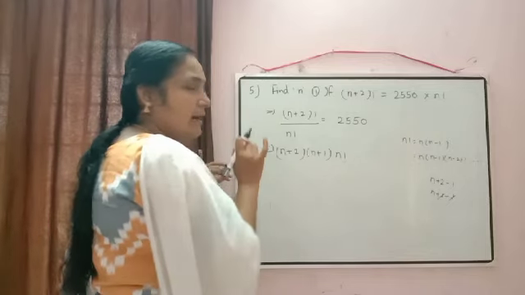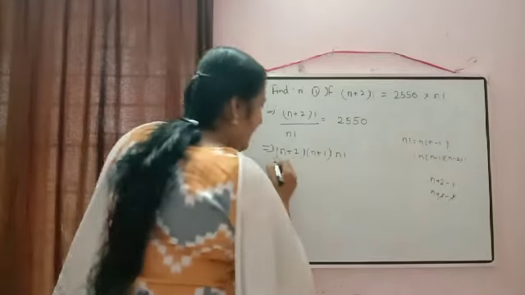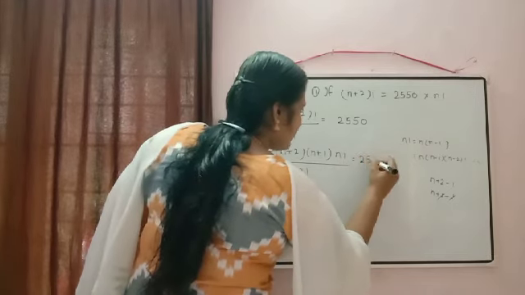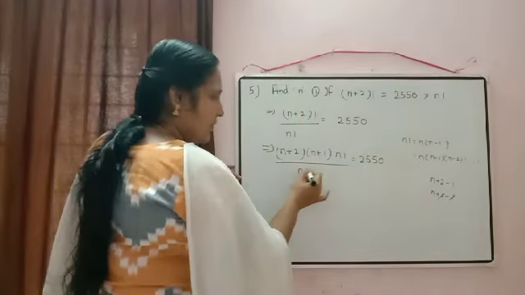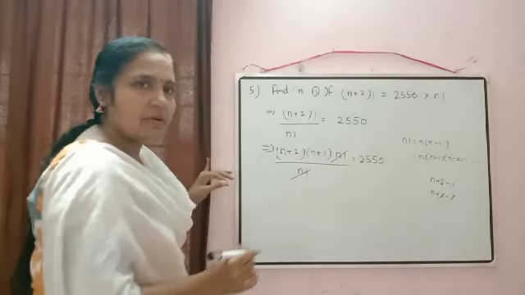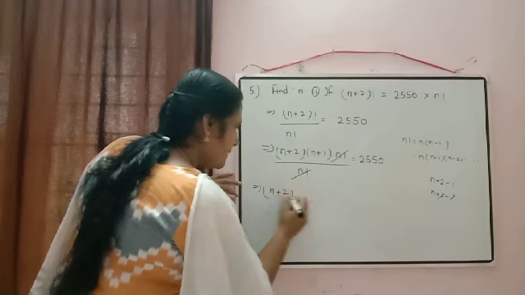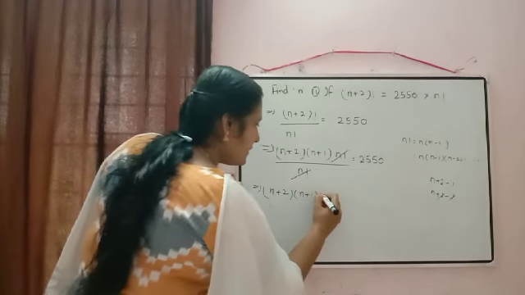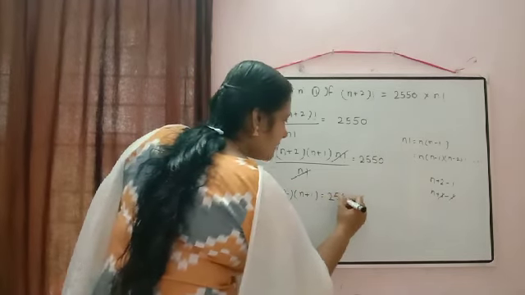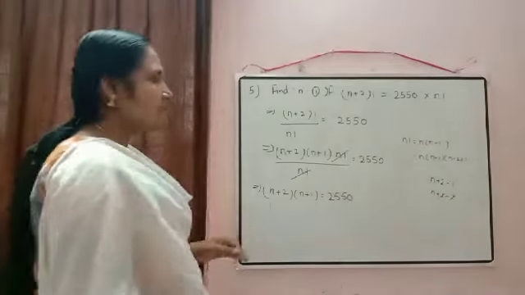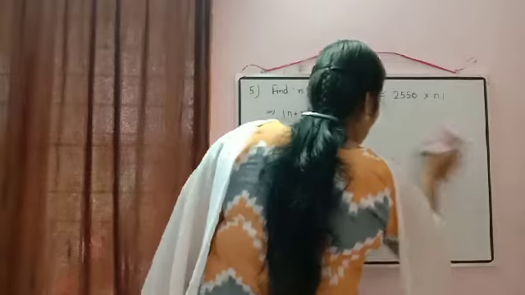Till we get the denominator. By n factorial is equal to 2550. Now n factorial and n factorial will get cancelled there. So remaining we have n plus 2 into n plus 1 is equal to 2550.